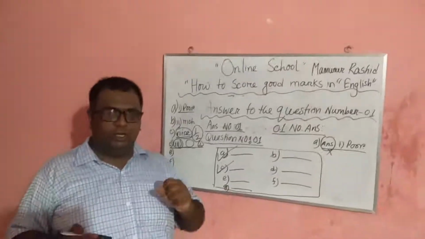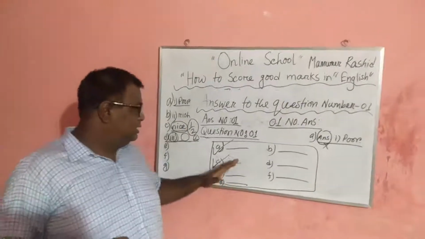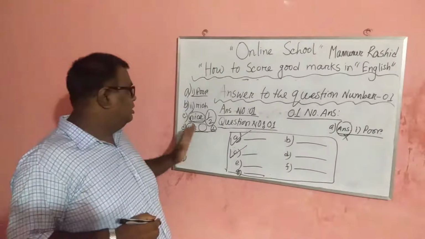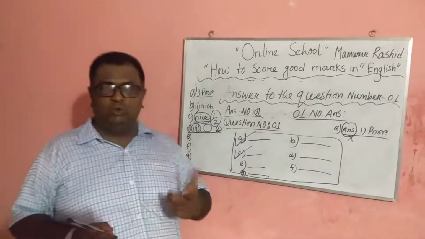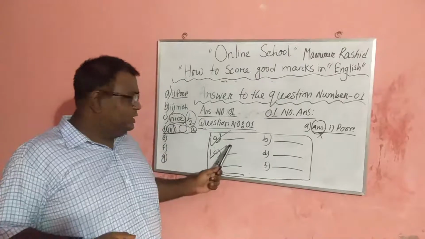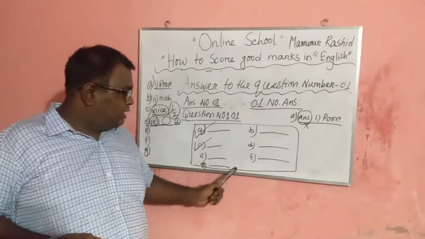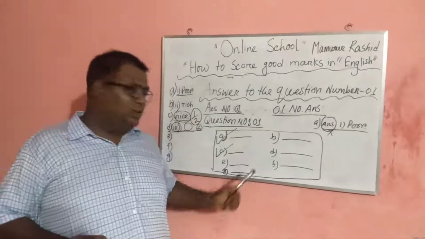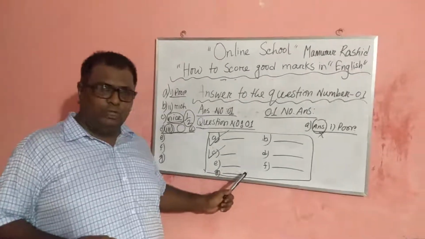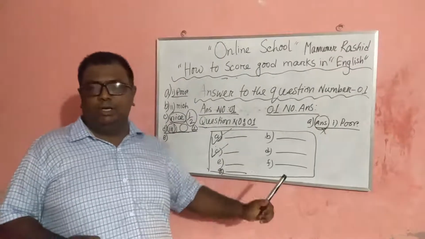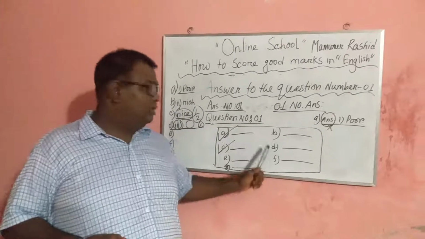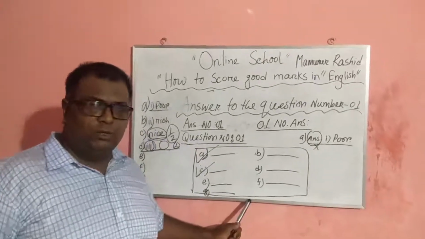If the examiner feels good, yes, the student wrote in the right order or nicely, then you will get good marks. But if the examiner feels any disturbance when he or she looks at your answer script, then he feels bored, then he may give you a penalty for your wrong order of answering the questions.